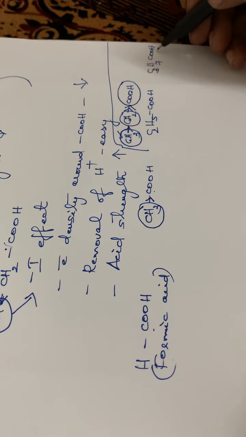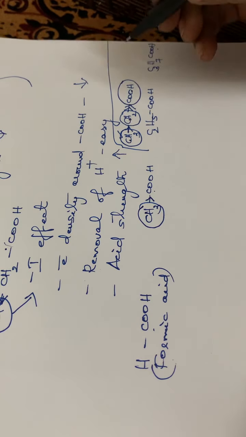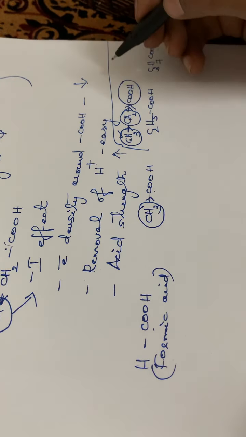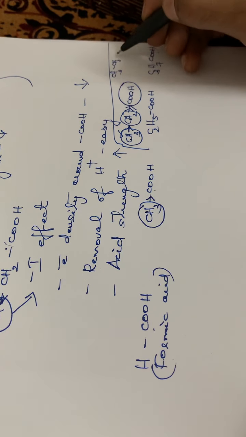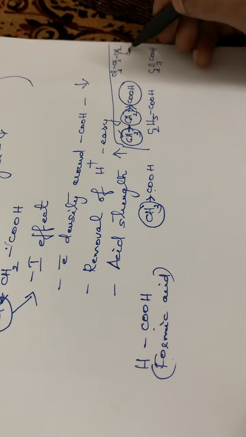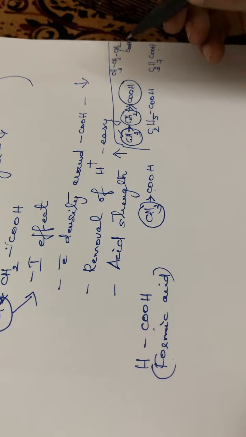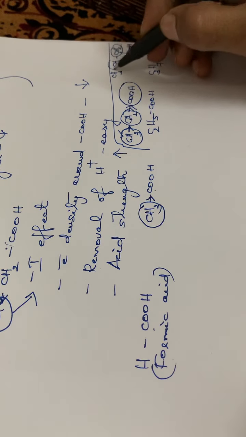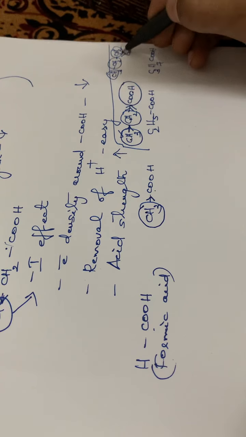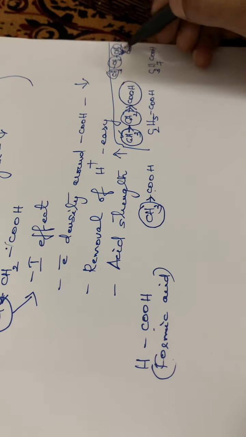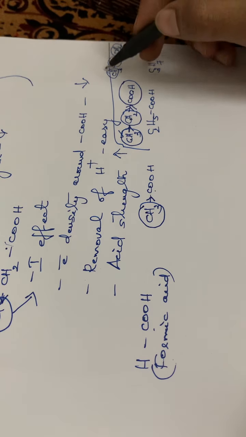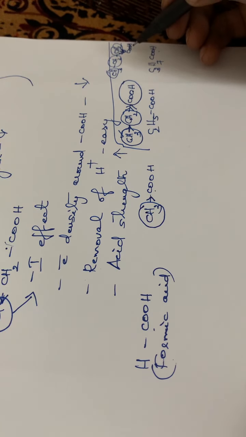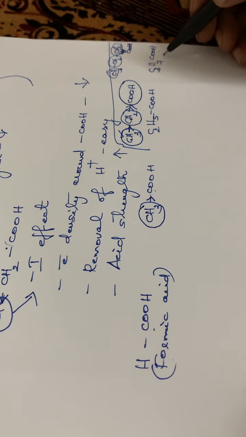Again, see in the case of butanoic acid, how many alkyl groups? Again, CH3, CH2, CH2, COOH, isn't it? So here how many alkyl groups? 1, 2 and 3. Again, from the three alkyl groups, the electrons will be pulled towards the COOH group. So again the electron density will be further increased in the case of butanoic acid.